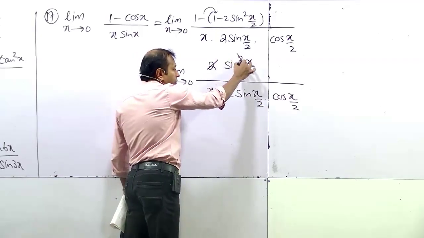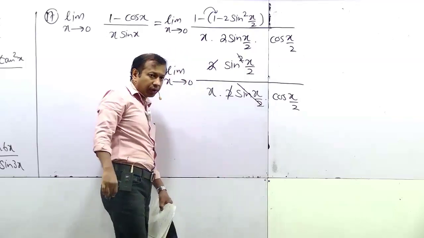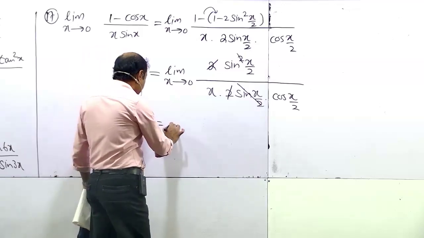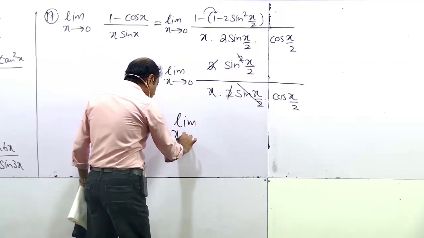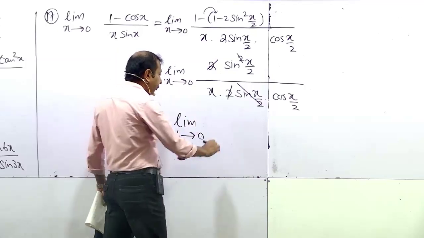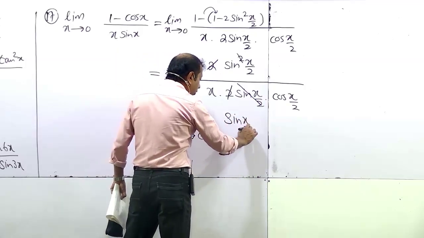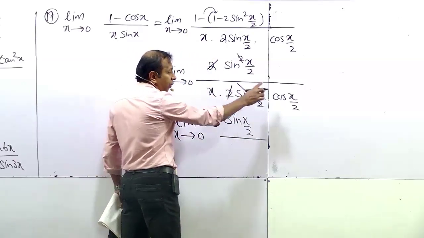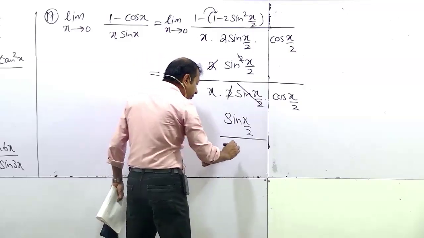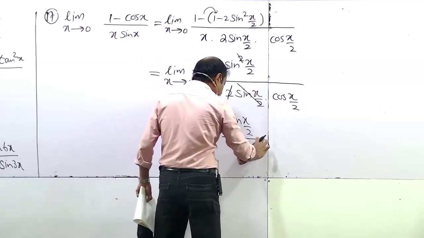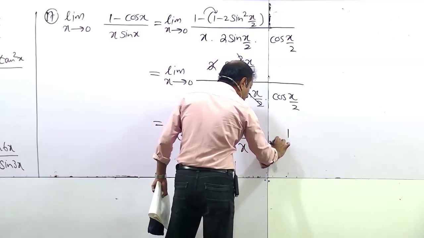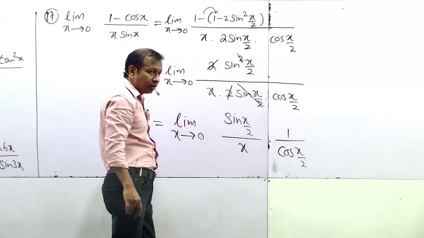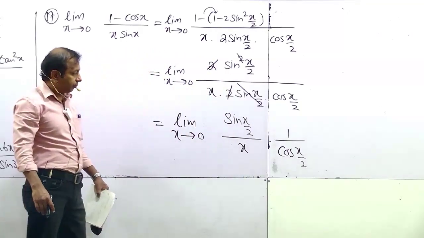One sin x by 2 term we can cancel down with this. Next line, limit x going to 0. Here we have sin x by 2 at the numerator. In the denominator we have x and cos x by 2. I write them separately like this, x here into 1 over cos x by 2. Any question up to here? No. Okay.